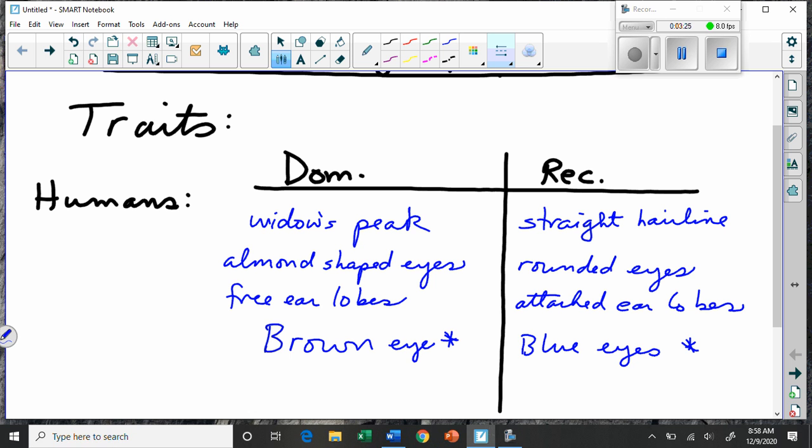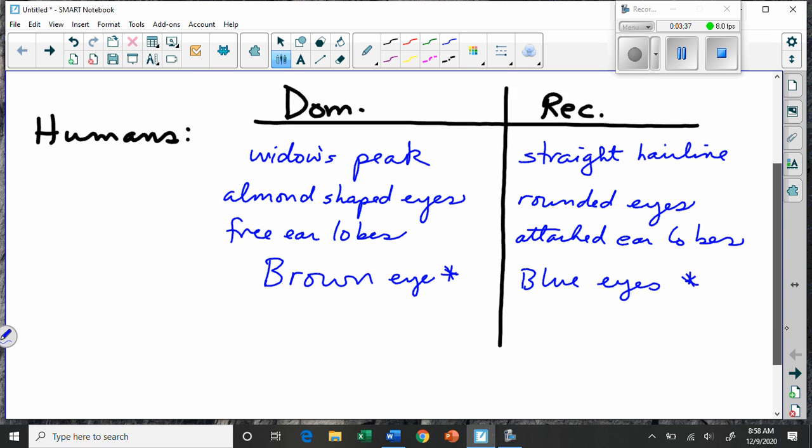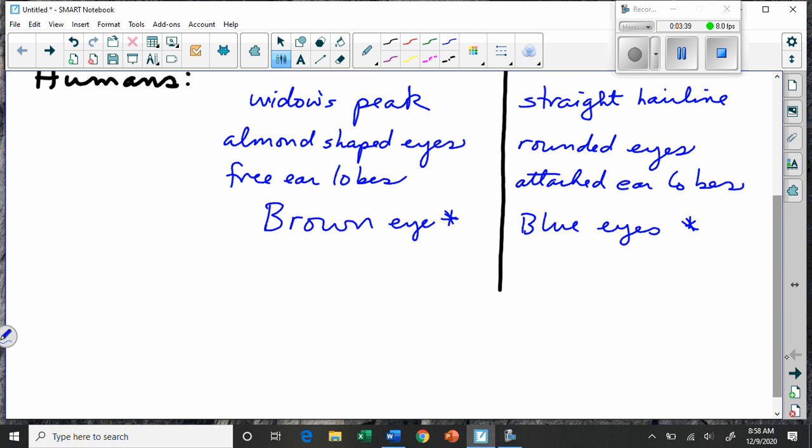And so eye color is not as simple as being either blue or brown, right? There's hazel eyes, there's green eyes, there's all kinds of different shades in between, gray eyes, and so on. So eyes are not really the best trait to do monohybrid crosses with because multiple genes are involved. But typically, we do know that brown eyes tend to be dominant over blue eyes, at least on that particular gene.